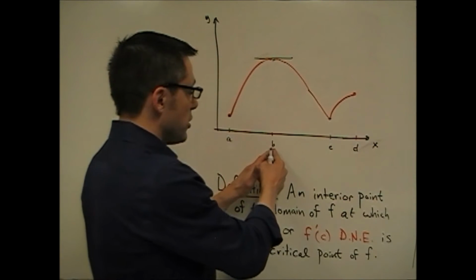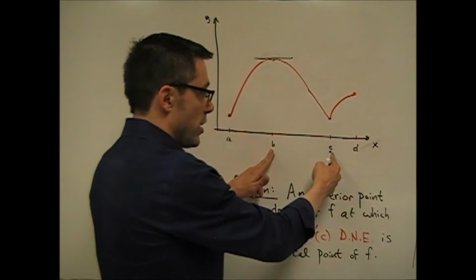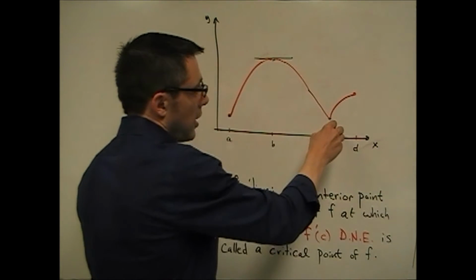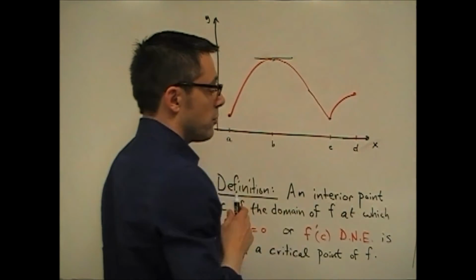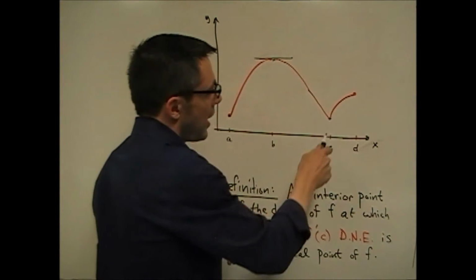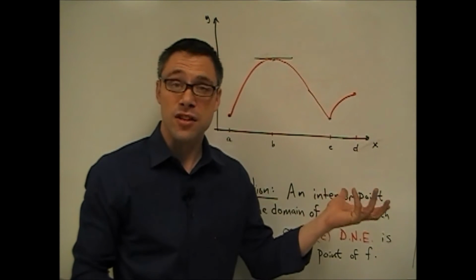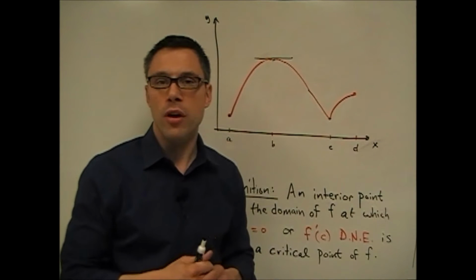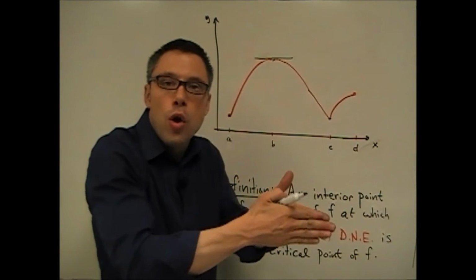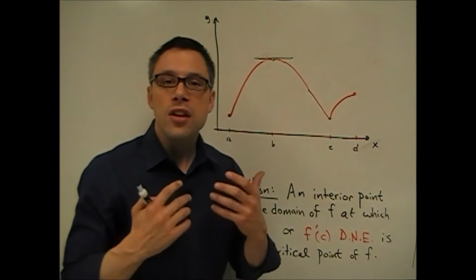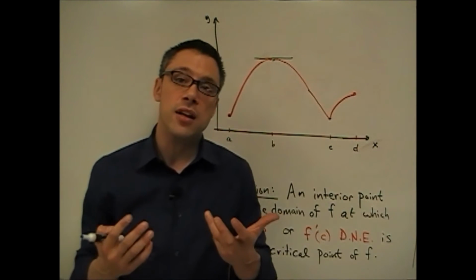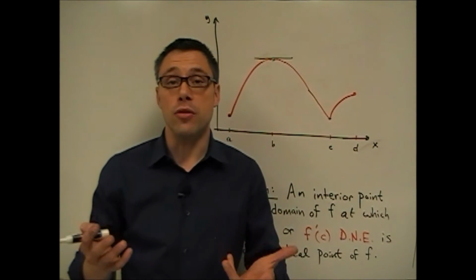We also see the function is clearly decreasing from point B to point C. And then again, it's increasing after point C, from C to D. At point C, we can clearly see that the derivative does not exist there because we get some kind of weird vertical tangent thing. There's a corner point there. Okay, so these are two places where the function may be transitioning.